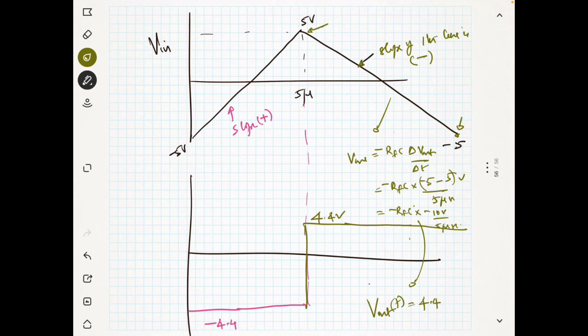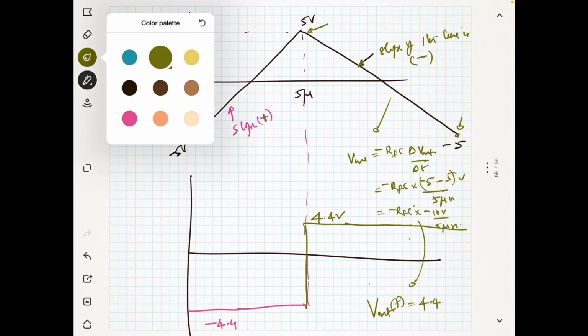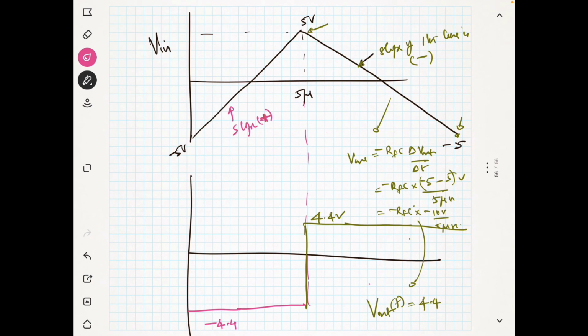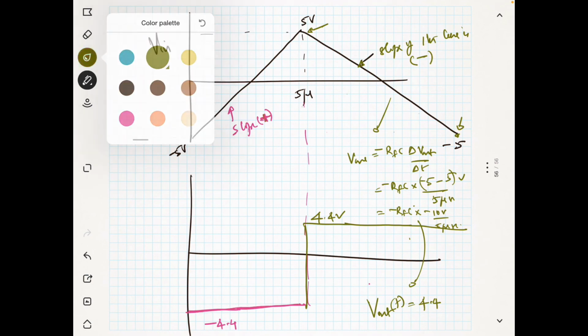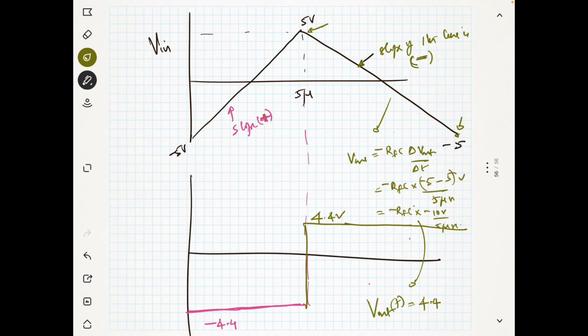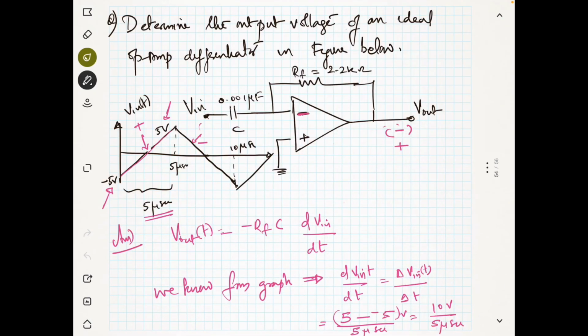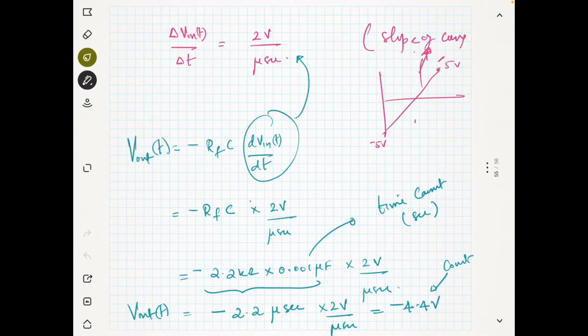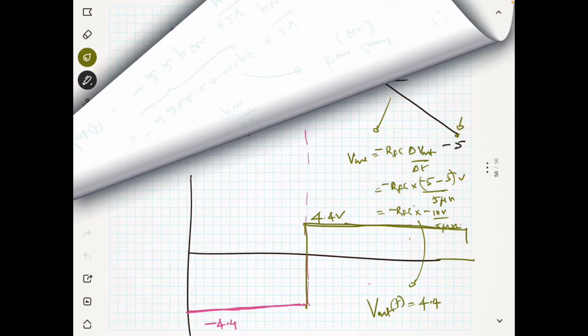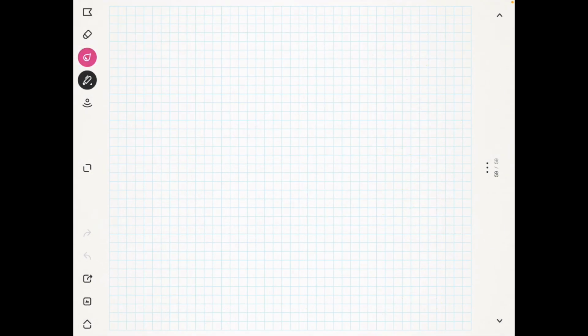You see here that when the slope is positive, the output is negative, and when the slope is negative, that means it is decreasing, the output is positive. This is what happens in this kind of circuit, because the input is connected to the inverting terminal. Okay, I hope this problem is clear to you. Thank you.